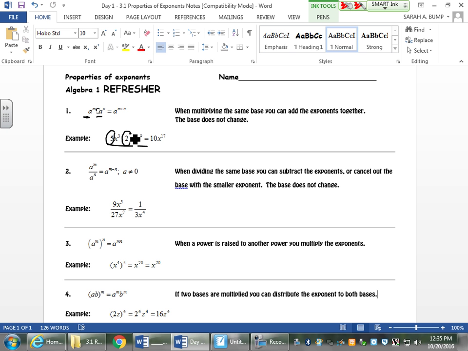So if we look at this example, 9x cubed over 27x to the 7th, for the canceling strategy, I have 3 x's up top, an x cubed, and I have 7 on the bottom. So the 3 up top would cancel because 3 is smaller than 7. But if you cancel out 3 up top, you have to cancel out 3 of the 7 in the bottom, leaving you with 4.